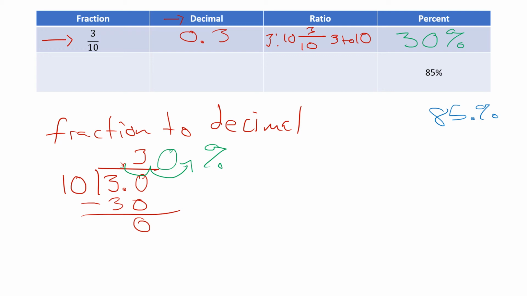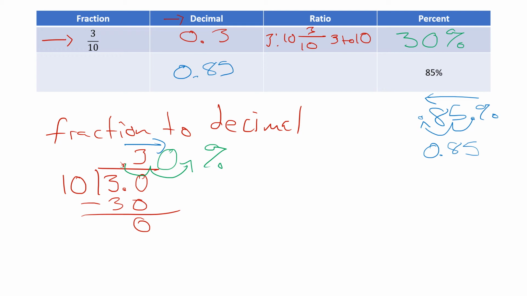And remember, to go from a decimal to a percent, we went to the right. So to go from a percent to a decimal, we're going to go the other way, to the left, over twice, to get 0.85. So there's our decimal.